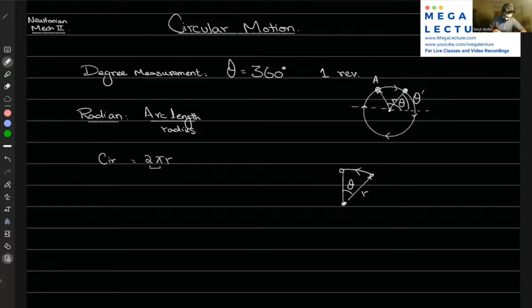Now, this means that 360 degrees is equal to 2 pi radians. This definition of angle also comes from this definition of radians. And so I can then say that 1 degree is really equal to 2 pi by 360 radians. So that's your discussion about radians.